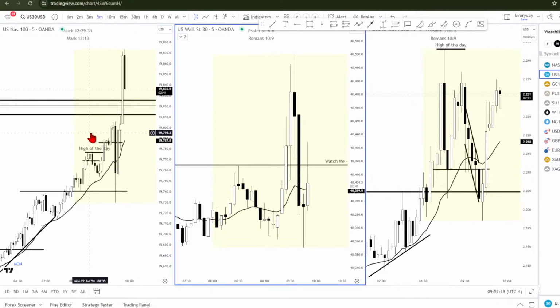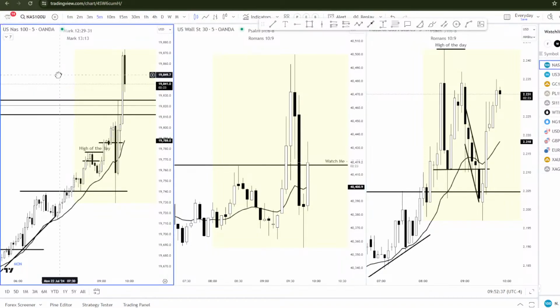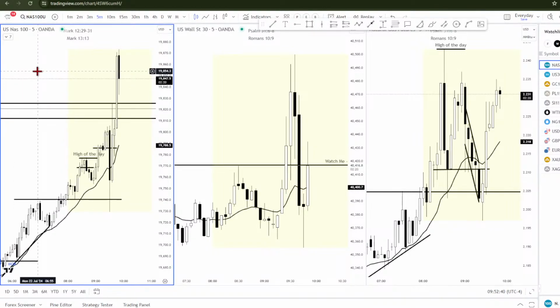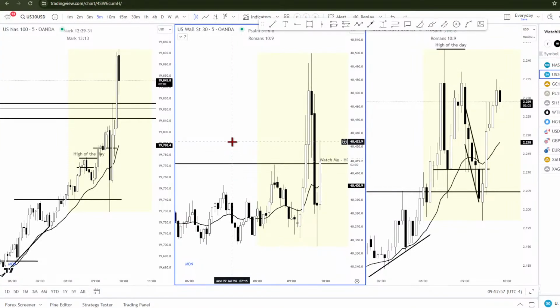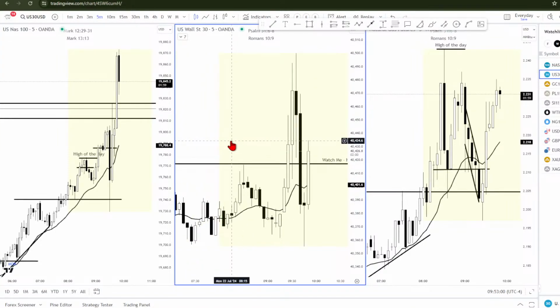Which one? I know, but on which pair? Maybe.